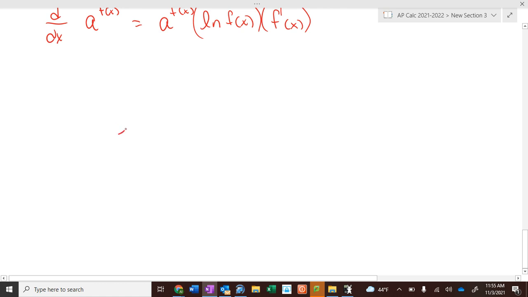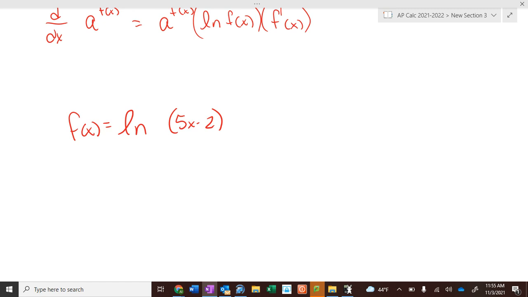All right, so let's say we have f of x equals the ln of 5x minus 2. The first derivative of this, well, what's the first derivative of a natural log? 1 over x.